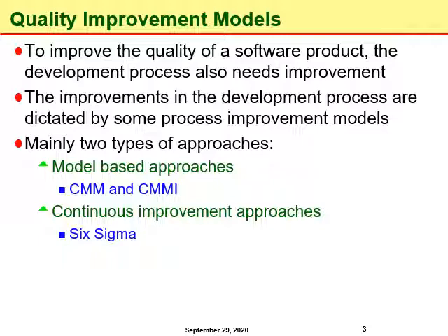The improvement in the development process is actually dictated by some process improvement models. So there are mainly two types of software process improvement approaches that are being used in practice, and these approaches are known as model-based approaches and continuous improvement approaches.